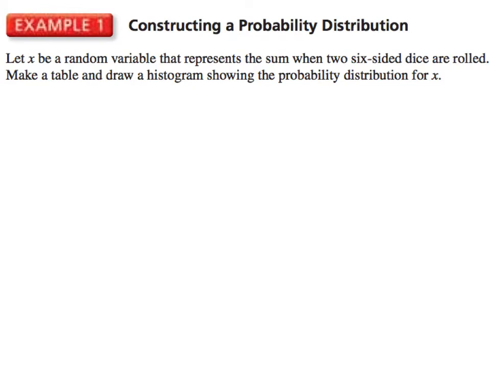So in example 1, we're going to let x be a random variable that represents the sum when two six-sided dice are rolled. Make a table and a histogram showing the probability distribution of x. We just want to see how it can be distributed among all of the possible outcomes. So let's start with our table.